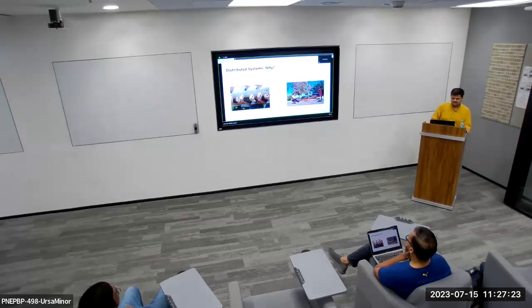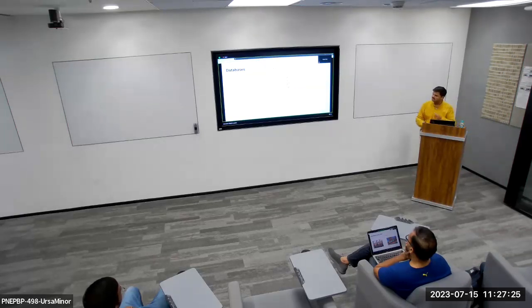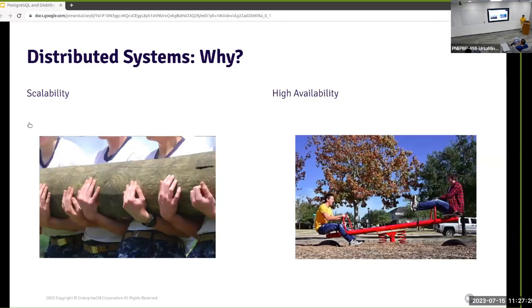Okay, so why do we want to have distributed systems, right? That's a fundamental question. If we go deeper down, there are two aspects. One is scalability.